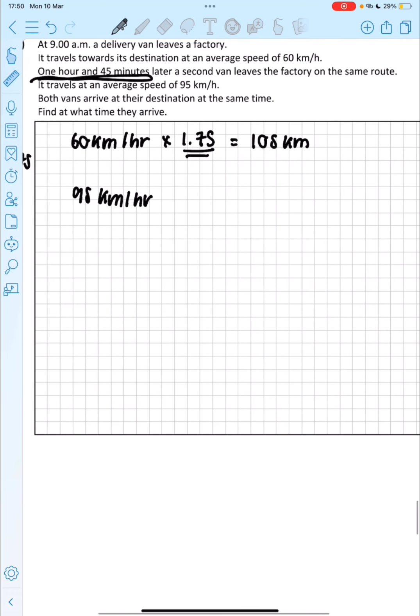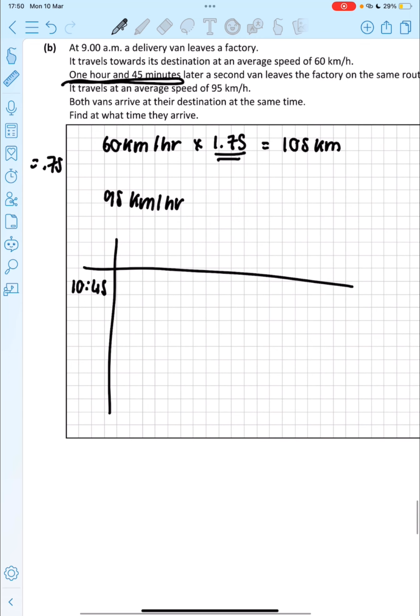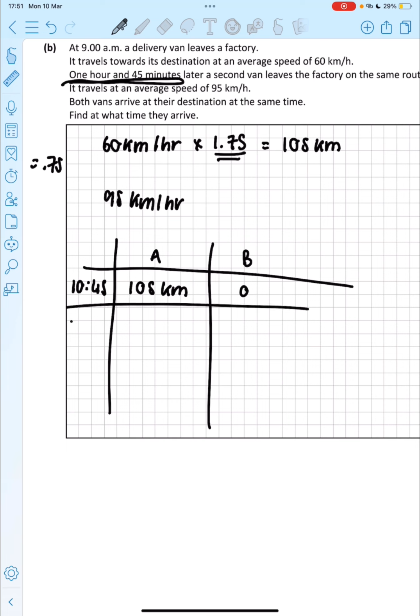So I'm going to draw a little table here. The first hour and 45 minutes, he left at 9, so now we're talking about 10:45. He's travelled 105 kilometers. My second van, which I'm going to call van B, hasn't travelled any kilometers. 1 hour later, this guy is going to have travelled another 60.